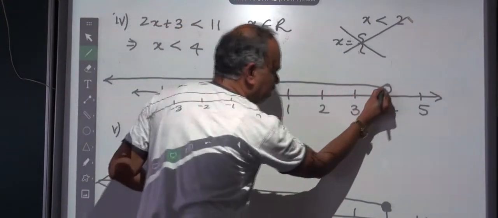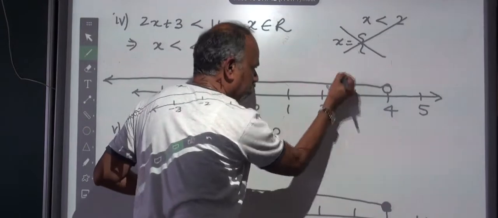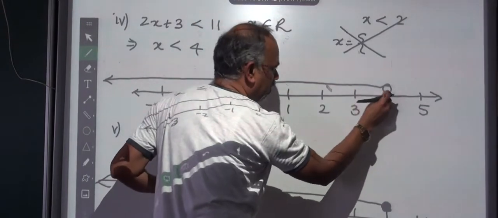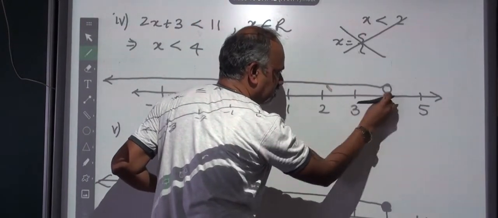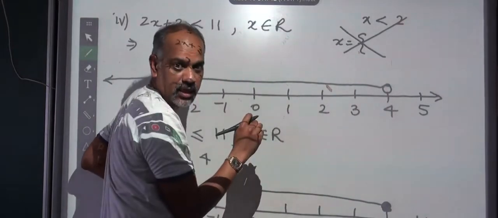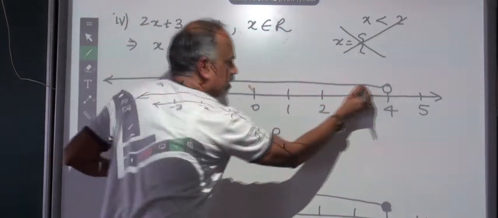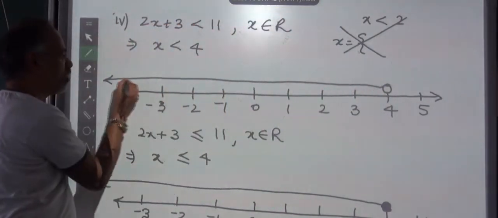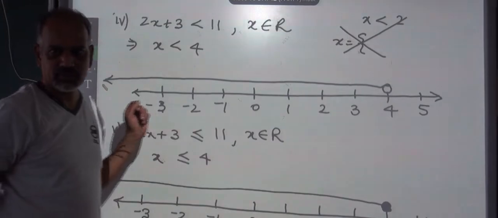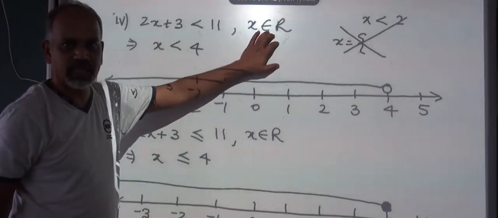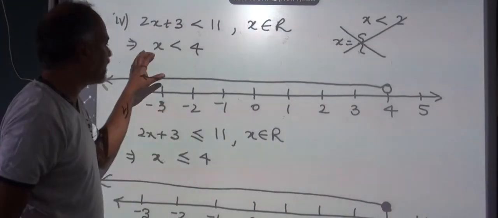So less than 4, these are the values. You don't put dots over each one because there are many decimals between each of these numbers. All real numbers, therefore, we use a line. Line showing that it is less than 4 and it goes to infinity. That is for x belonging to real numbers and x is less than 4.